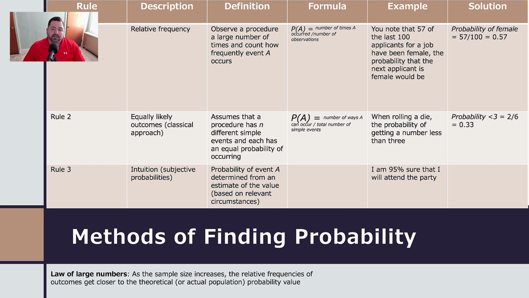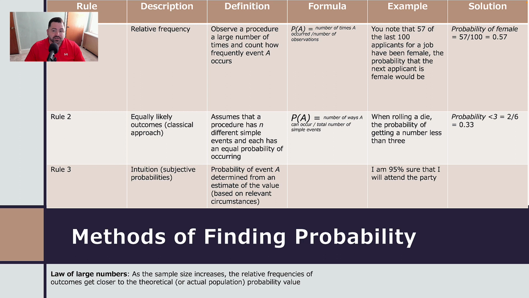However, in the example of using a dice, if we were to roll the dice and we wanted to estimate the probability of getting a number less than 3 coming up, we would have to first understand how many sides of a dice there are, right? And there are 6 sides to a dice.